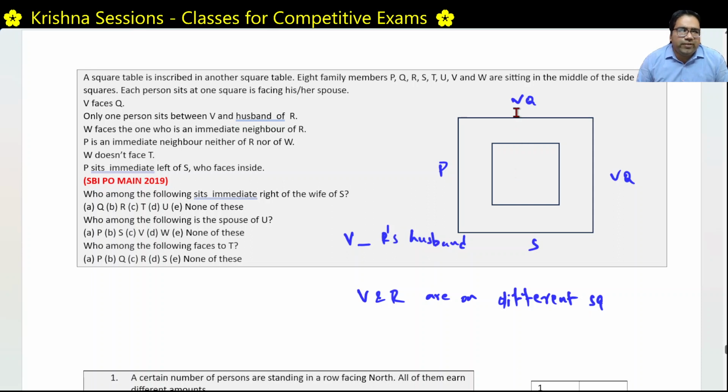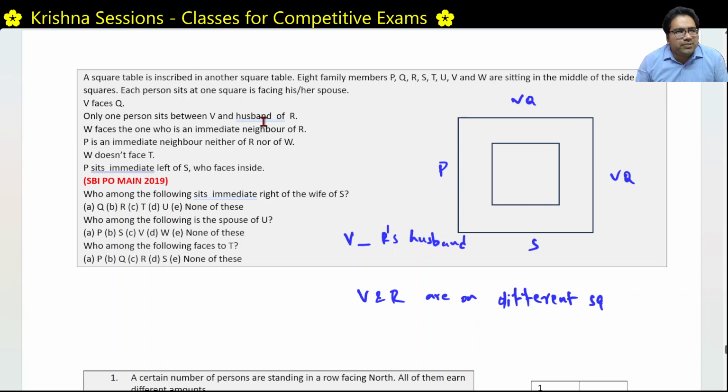So if R is sitting in the inner square, R's husband sits in the outer square, and V and R's husband are sitting in the same square. What does this mean?